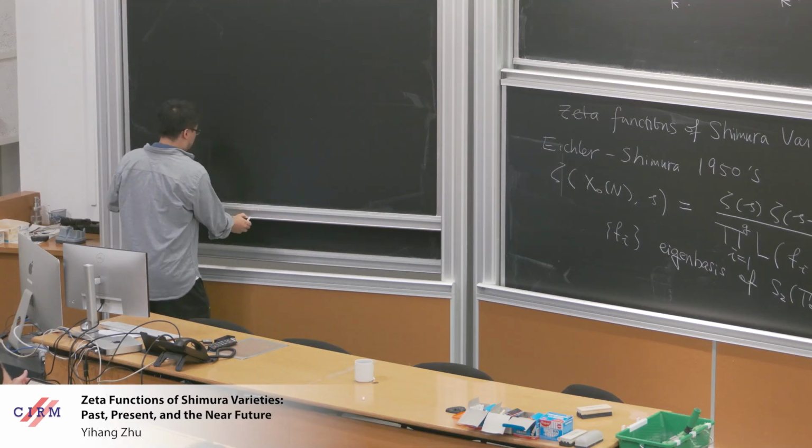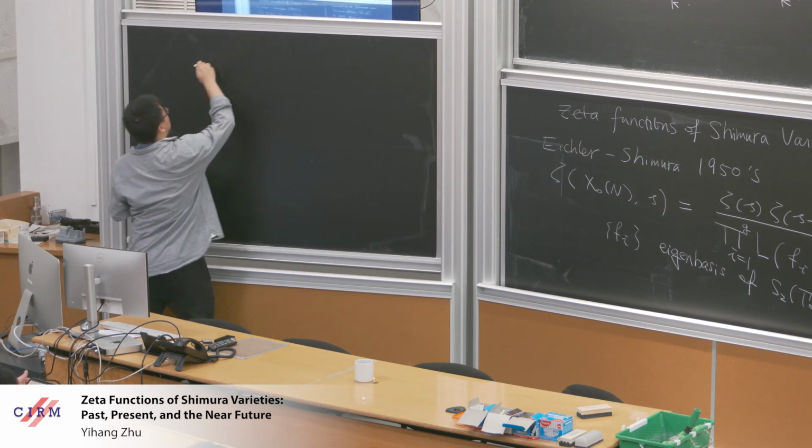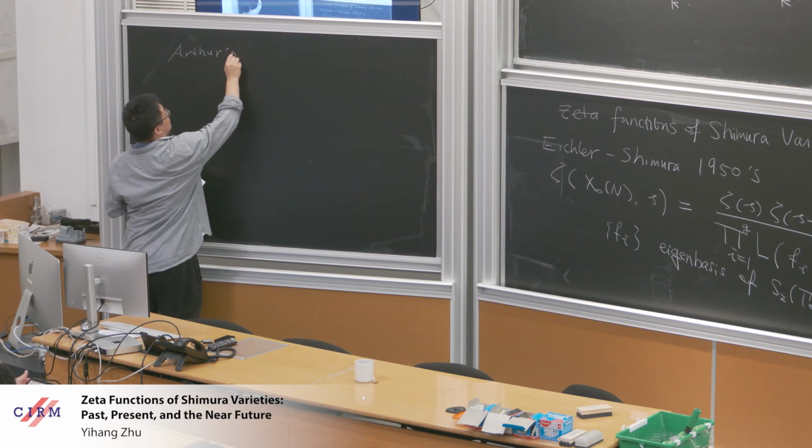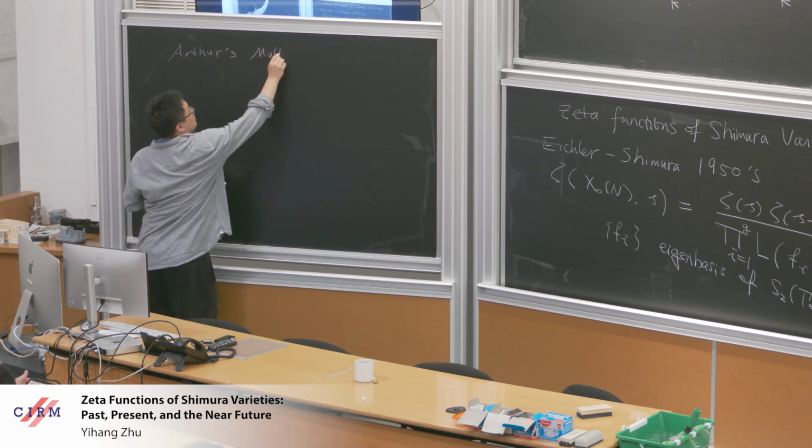Let me very briefly recall the structure of Arthur's multiplicity formula conjecture.